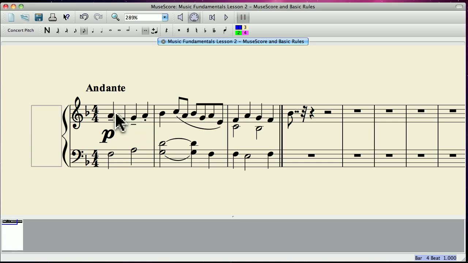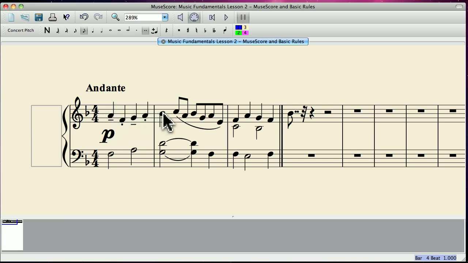Another thing is the stems on note heads. Not all note heads have stems, but a lot of them do, and when you're writing stems, you need to be aware of a few things. First of all, when a note head falls on the staff below the middle line, then the stem direction is always up.